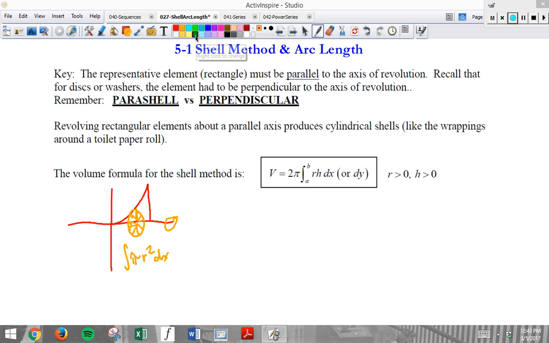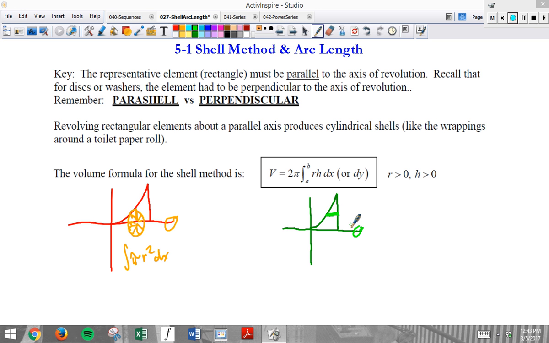For shells, the picture is similar but different. For shells, the same starting shape, I would draw something that was parallel to the axis of revolution.